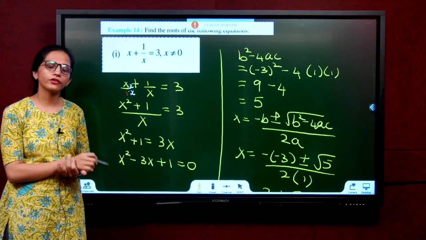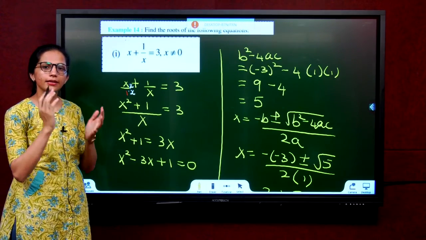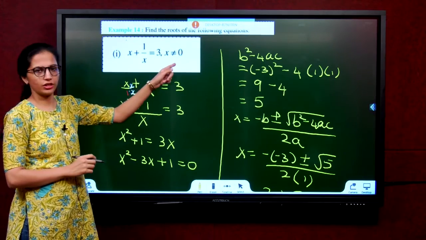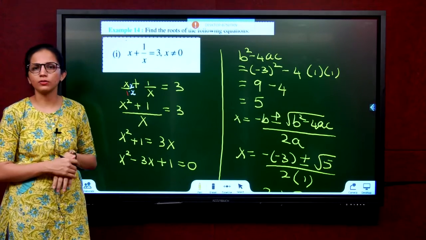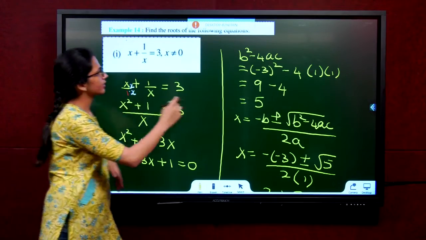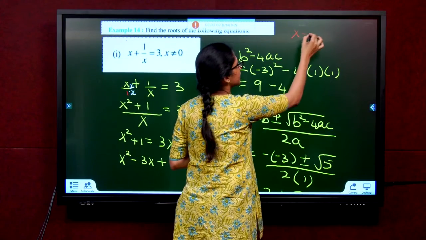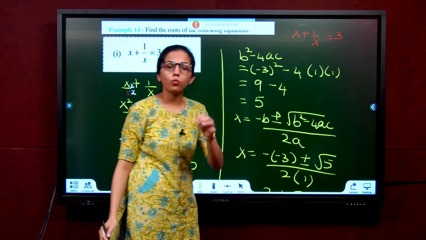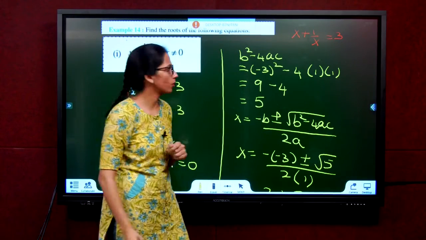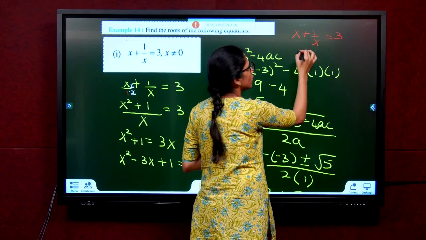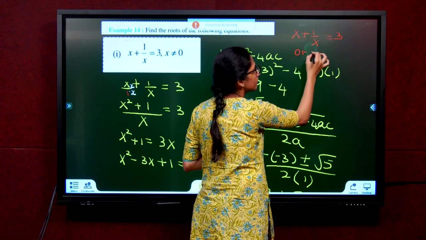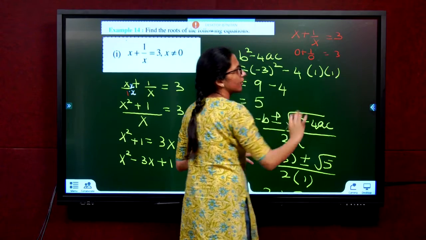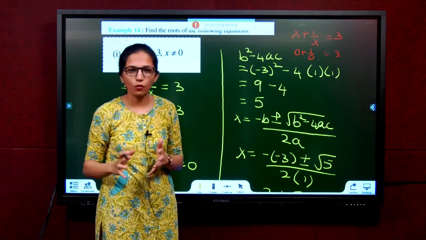This is just out of curiosity to understand why they give such conditions. Why in the question it's mentioned x not equal to 0. See the question carefully. x plus 1 by x is equal to 3. What will happen if x is 0? If x is 0, this will become 0 plus 1 by 0 is equal to 3. 1 by 0.